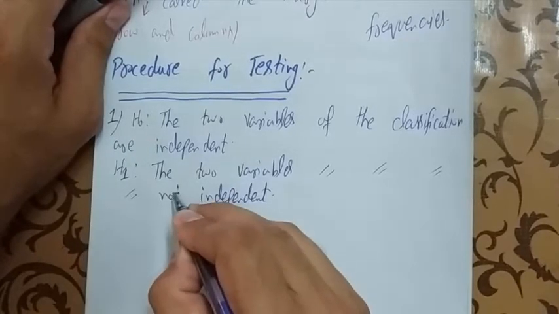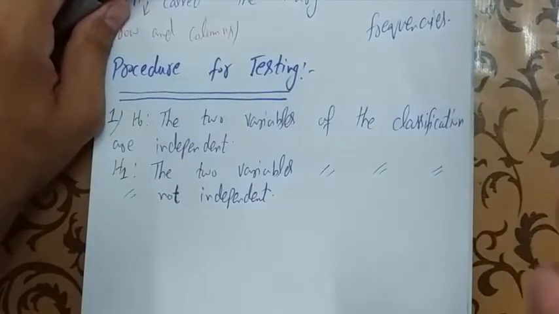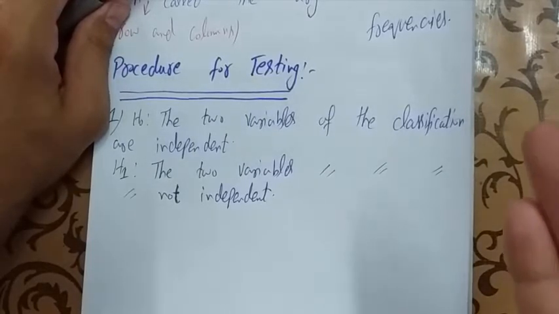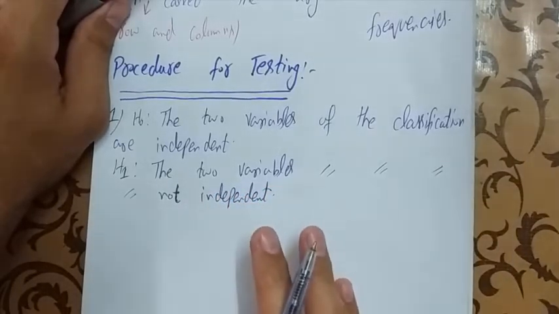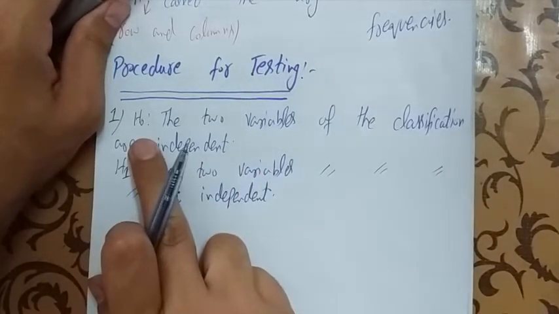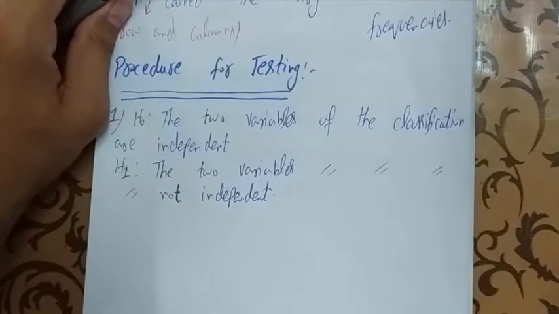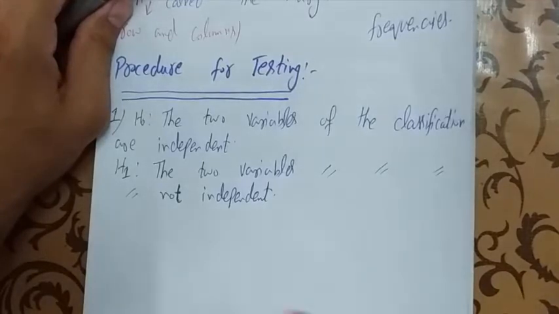Dear students, if we see the previous lecture on the chi-square distribution test and its procedure, there are three possibilities in the first step for the null and the alternative hypothesis. But in the contingency table, there is only one possibility.